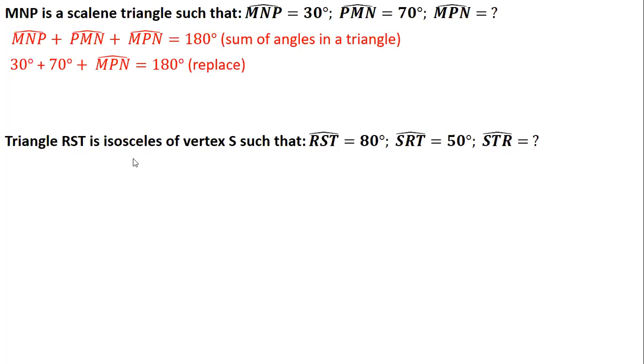Now we add 30 degrees plus 70 degrees. Yes, it's 100. Now, what's the name of the missing angle? MPN. So we continue: 180 minus 100. So what's the measure of MPN? 80 degrees. Thank you, Maya.